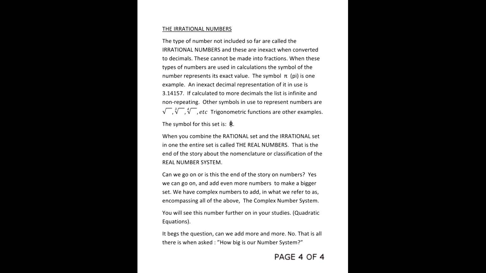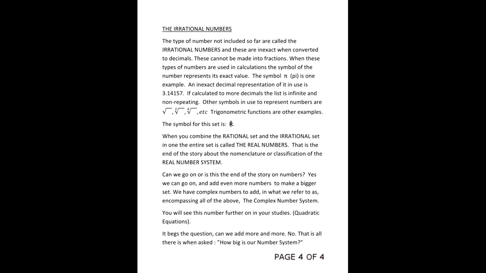When you combine the rational set R and the irrational set R bar in one entire set, this is referred to as the real numbers. That is the end of the story about the nomenclature or classification of the real number system.